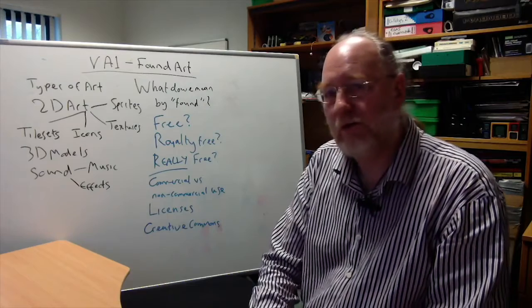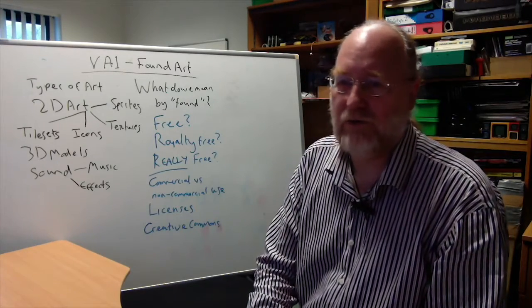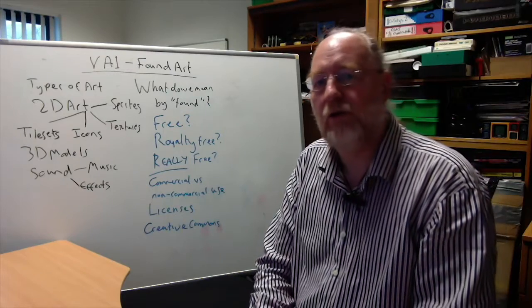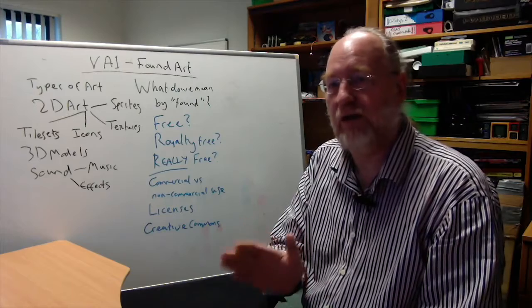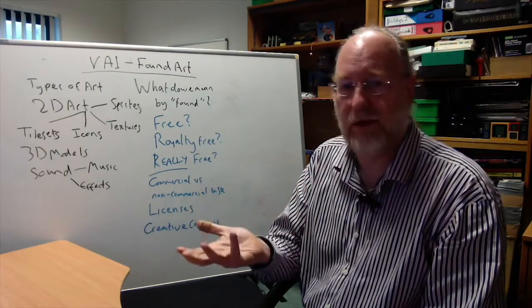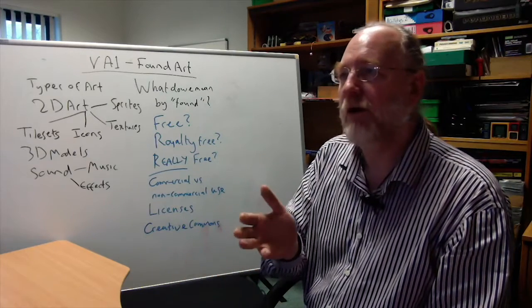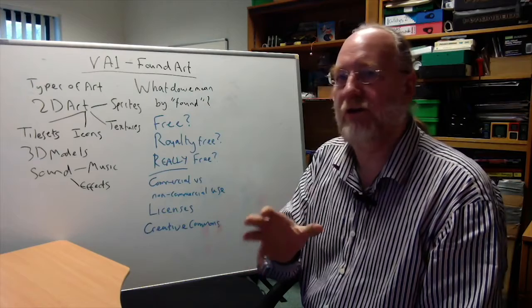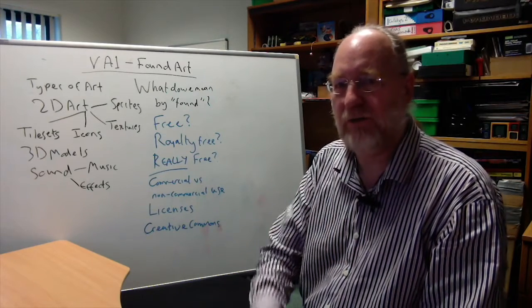And obviously, one of the things about found art, I'd say you really want to err on the side of caution. You want to only use material that you know you've got the right to use in the way that you're using it. So for example, there are quite a lot of tile sets for RPG Maker. However, some of those tile sets are only allowed to be used with RPG Maker.